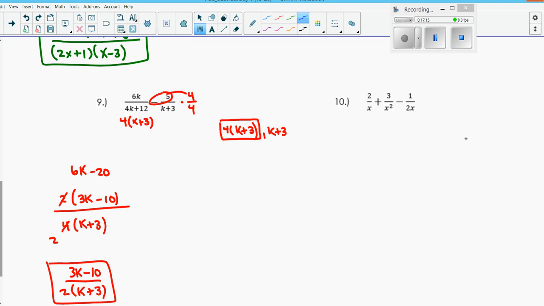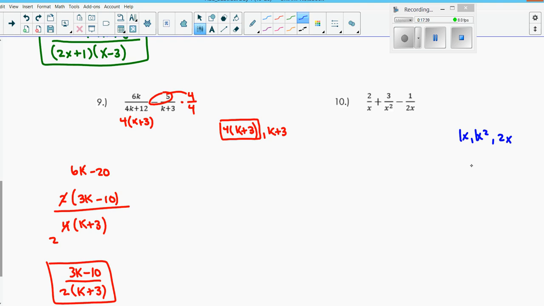Alright, if I list out my denominators, I have 3 of them this time. I have a denominator of x, x squared, and 2x. So, just like we've been doing in other problems, you want to approach numbers and variables separately. This is a 1x, and this is a 1x squared. So for my numbers, one denominator has a 1, the next one has a 1, the next one has a 2.